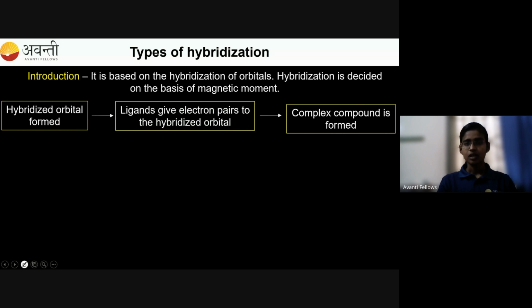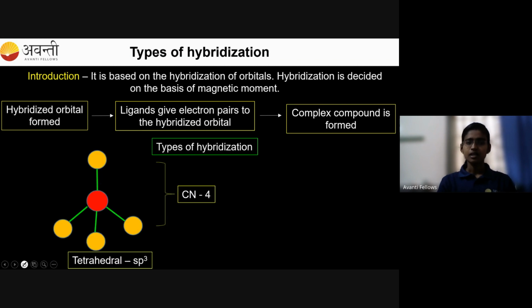Now, what are the important types of hybridization in this coordination compounds lesson? The first is tetrahedral. The hybridization of a tetrahedral species is sp3, and the coordination number is 4.